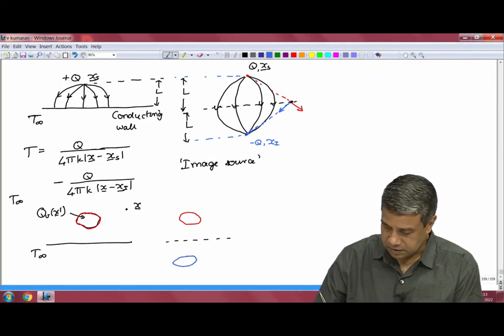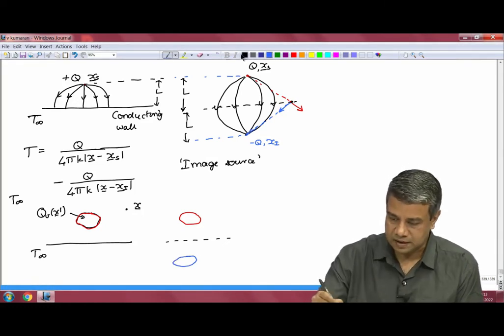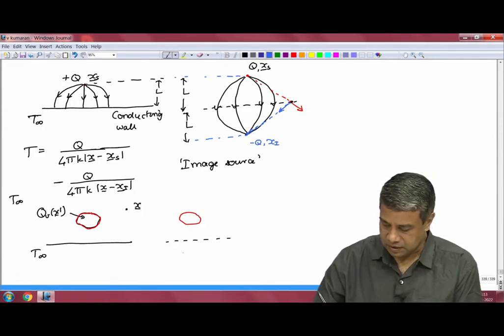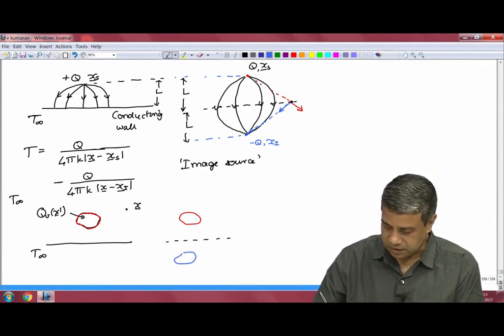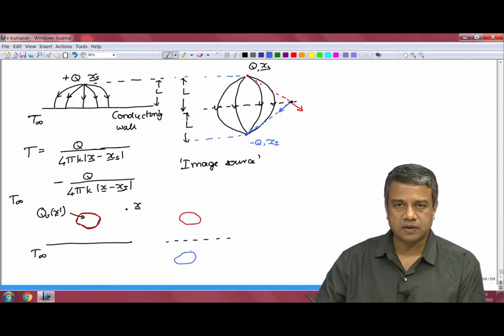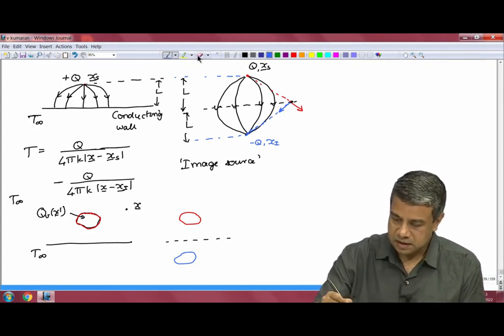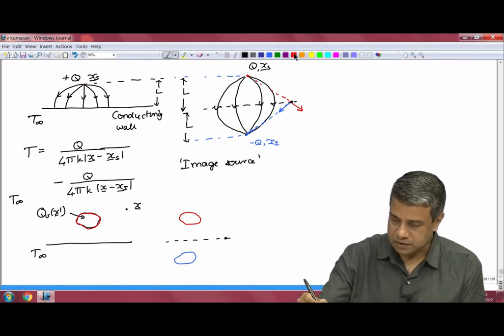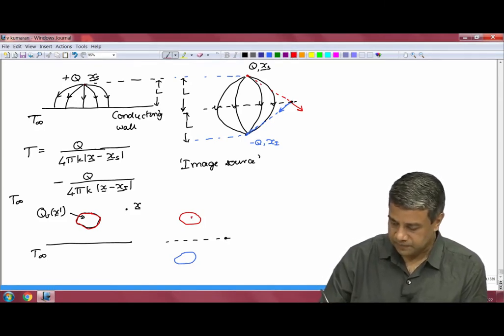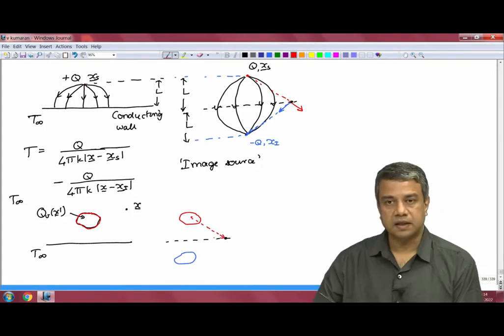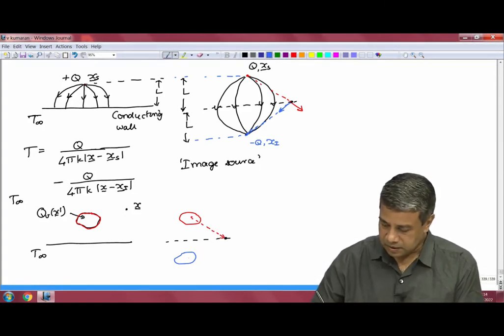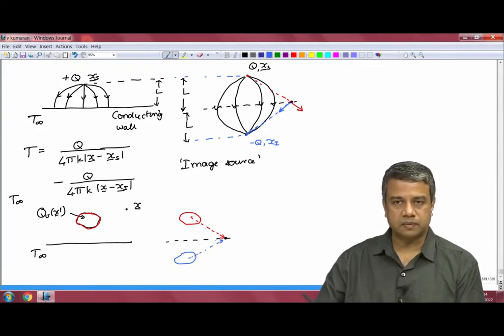I have not drawn the two to be identical, but if these two are mirror images of each other, this will identically satisfy the boundary condition of the surface, because for every point on the source which has some particular value of the energy generated per unit volume per unit time, there is an analogous point where there is an energy absorbed per unit volume per unit time.